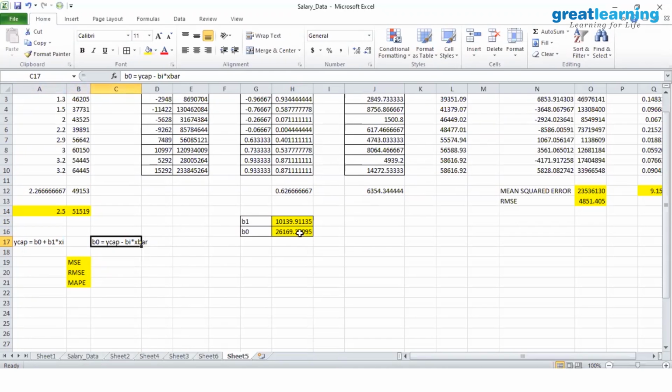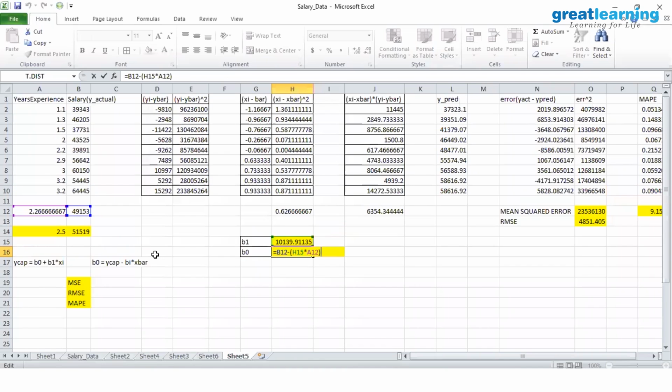Now, to predict this B0, it is the average of all the y values minus this B1 into the average of all the x values.